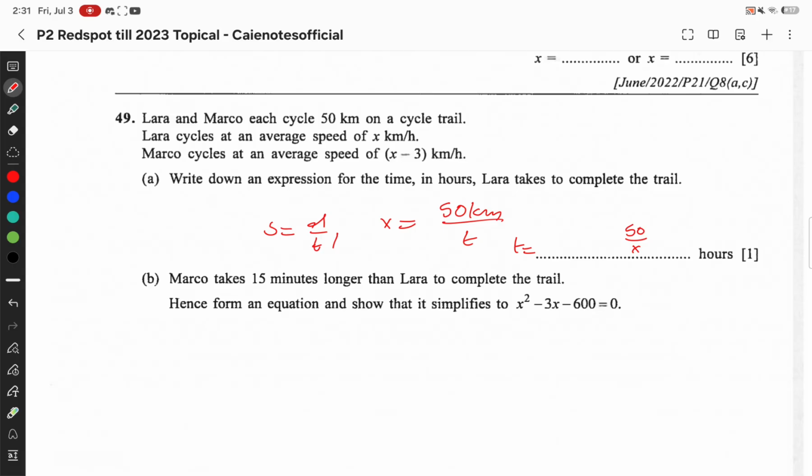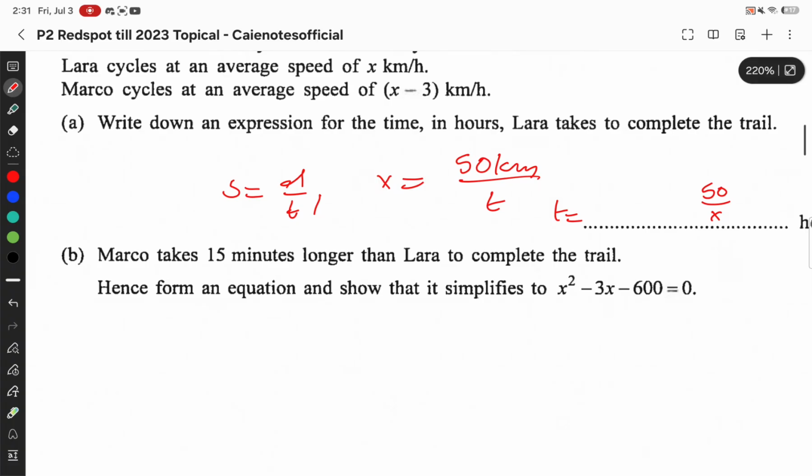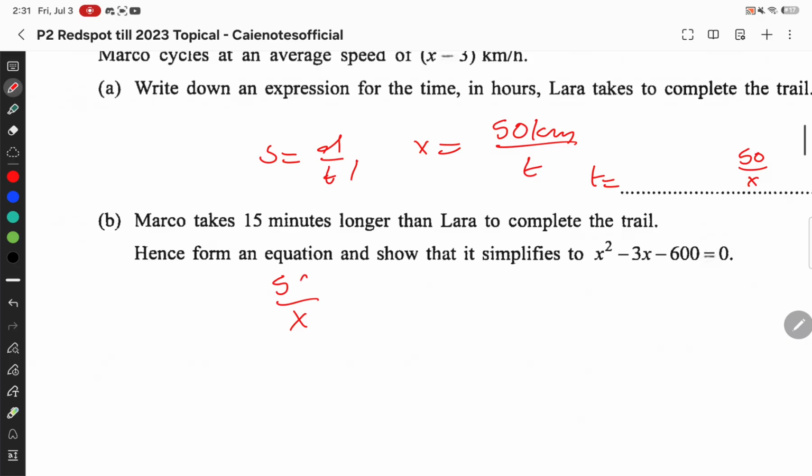You can say, the time Lara takes is 50 over x hours, right? In hours, what is 15 minutes in hours? A quarter hour. Marco takes 15 minutes longer than Lara. If we add a quarter hour to Lara, we get Marco. Right?